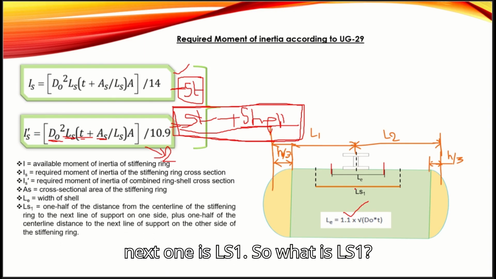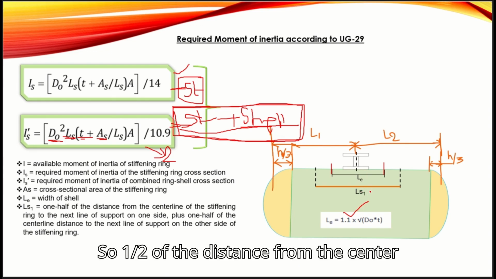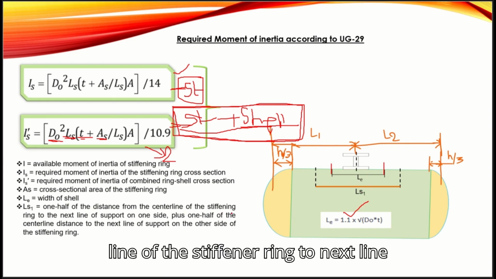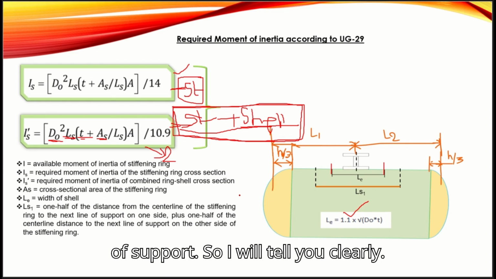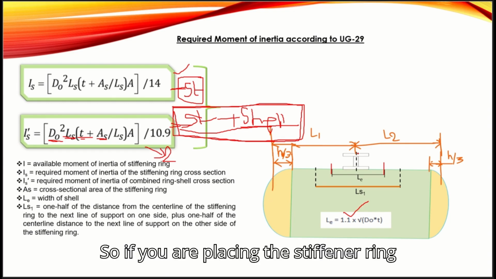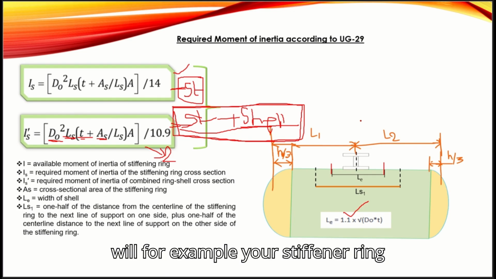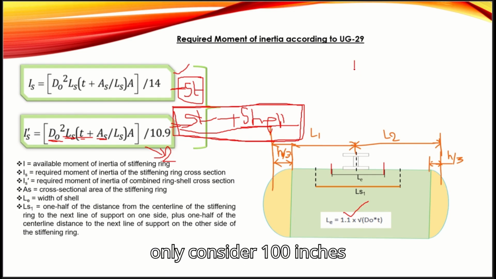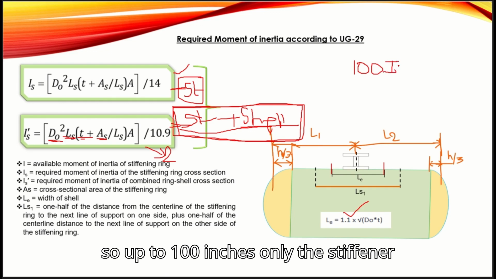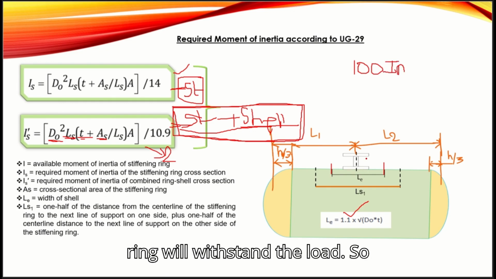So next one is LS1. What is LS1? One half of the distance from the center line of the stiffener ring to the next line of support. I will tell you clearly. If you are placing the stiffener ring at the middle of the shell, for example, your stiffener ring only considers 100 inches. Up to 100 inches only, the stiffener ring will withstand the load.